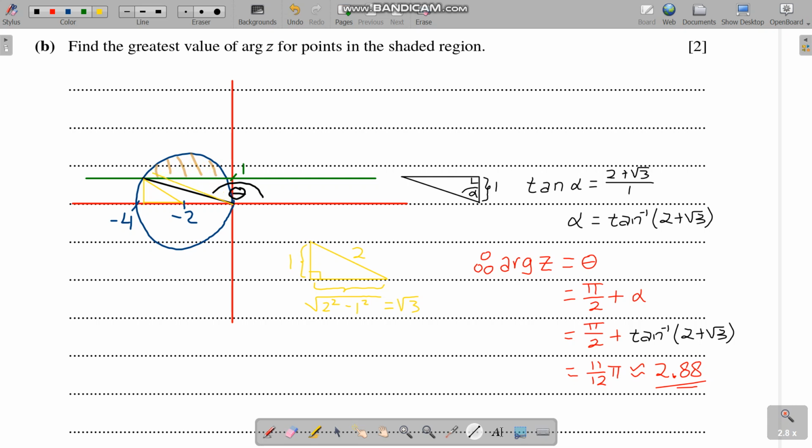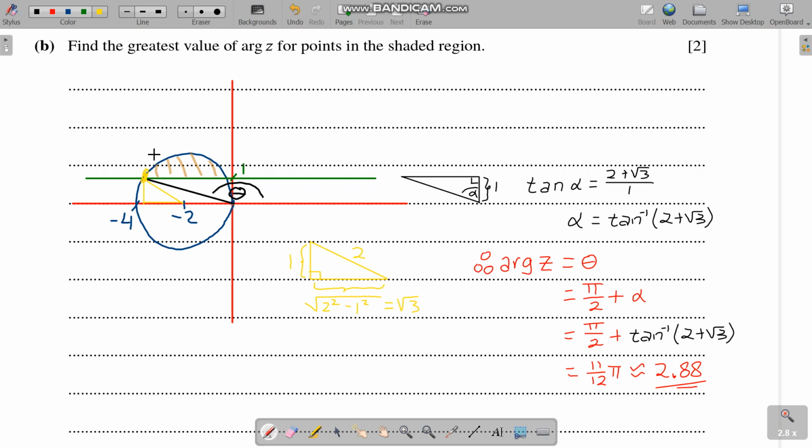Since we need arg z to be the greatest, we need the angle to be the biggest. And that is when the line goes from the origin to the point touching the region. So this is the theta, or the arg z, we are looking for.